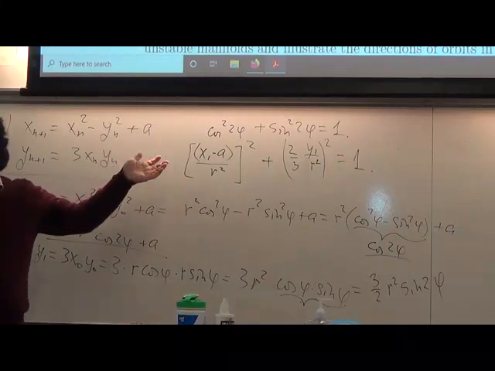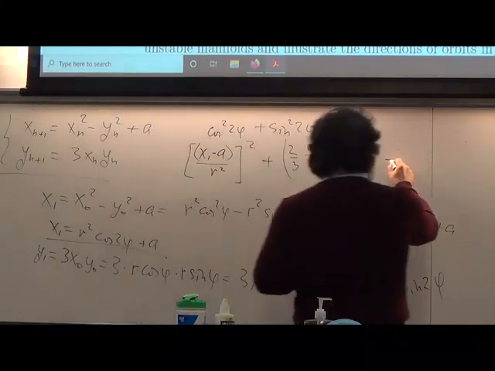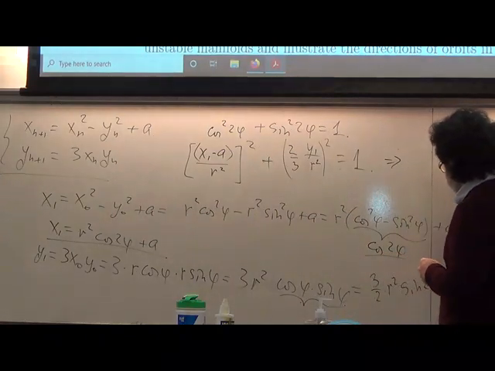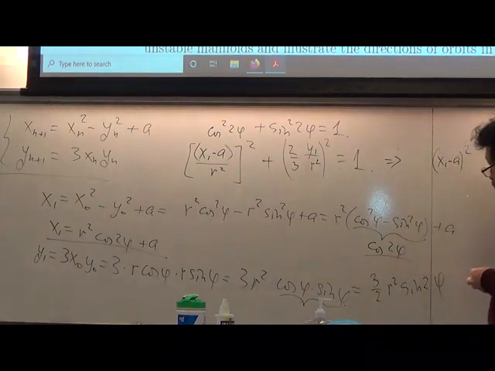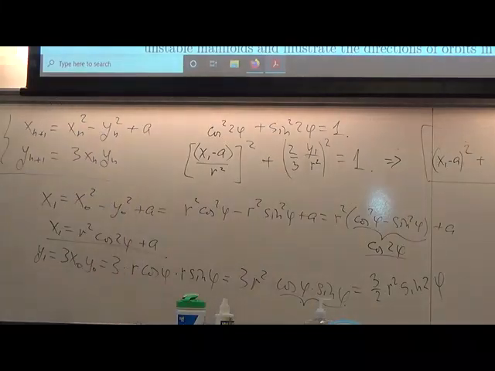You can see that this is the equation of an ellipse: x1 minus b squared plus 4 over 9 y1 squared equals r to the power 4. This is an ellipse. Okay, so this is what we proved.